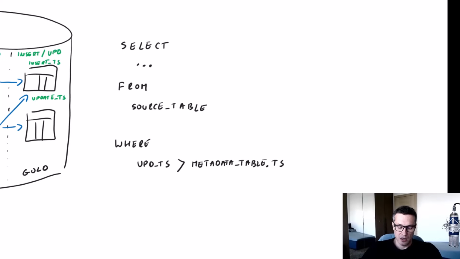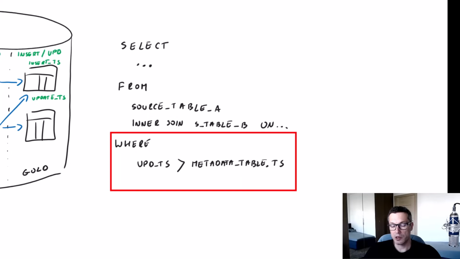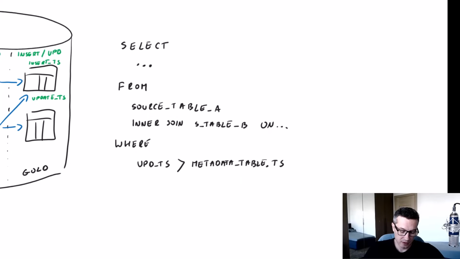Now, if you use multiple source tables that you join here in your logic, let's say source table A, and then you use inner join source table B on some conditions, based on your logic, then you got to update your where clause. So this is the first table, right?